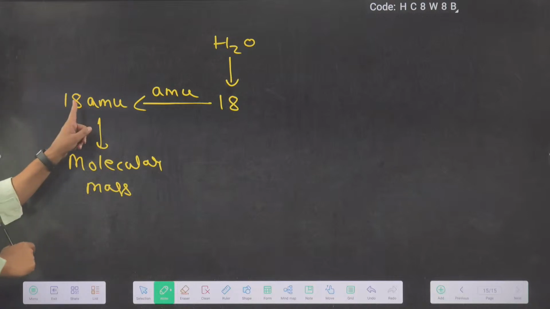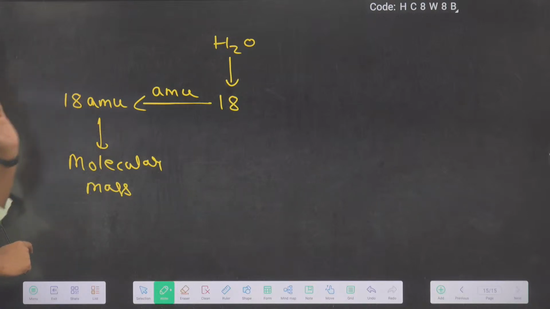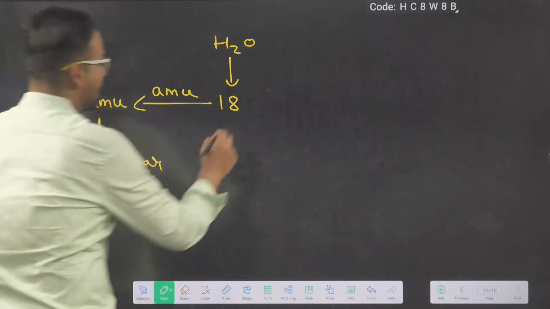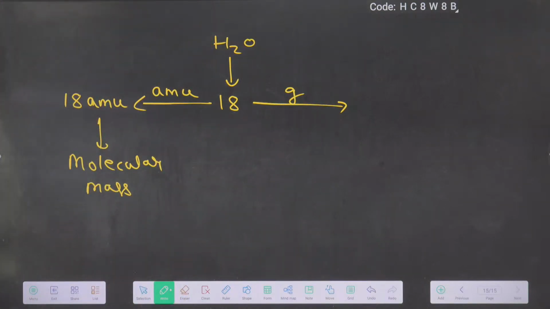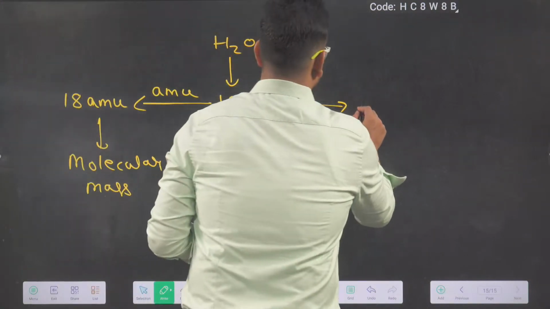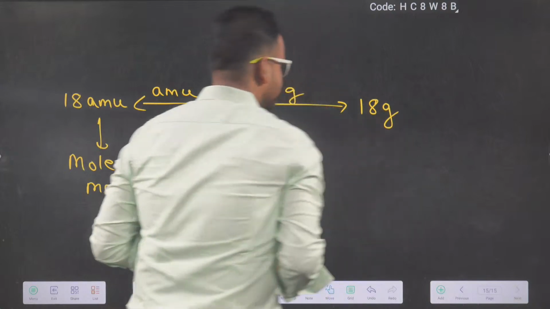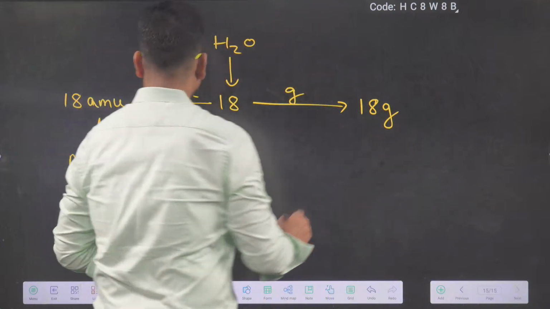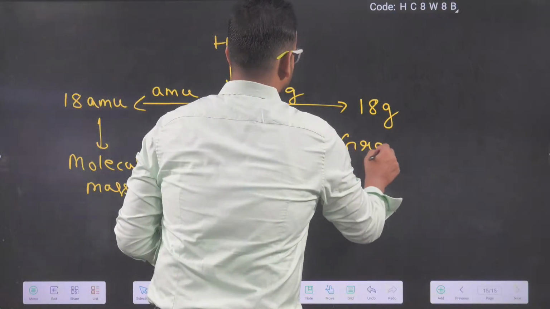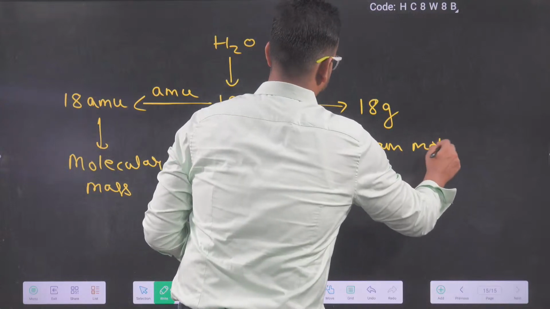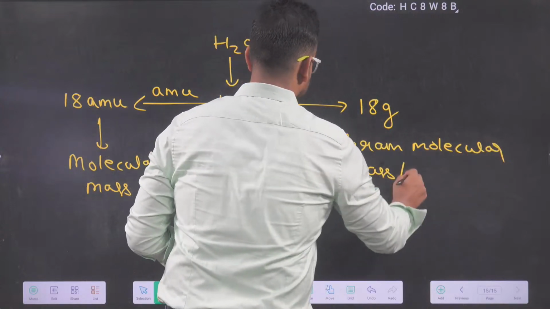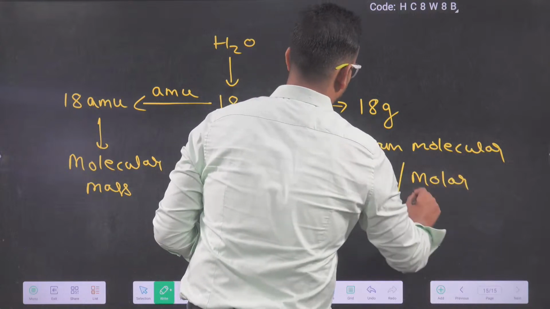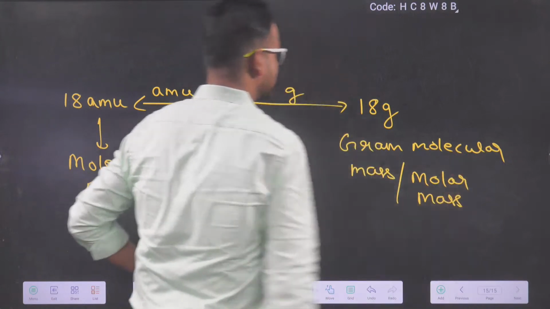And after this 18, if you put gram, same concept, you will get 18 gram. What is this 18 gram? This is the gram molecular mass, also known as molar mass, because this is the mass of 1 mole.